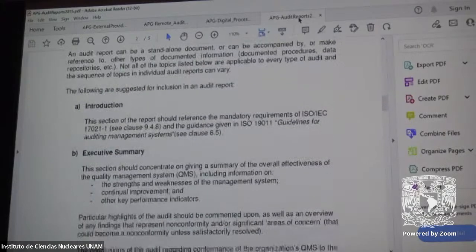Audit reports, the listing of things. I'm sure in your audit reports you deal with this.